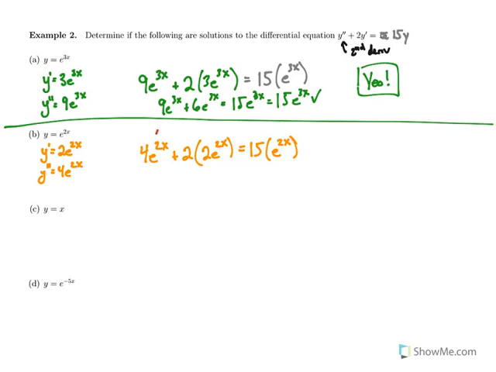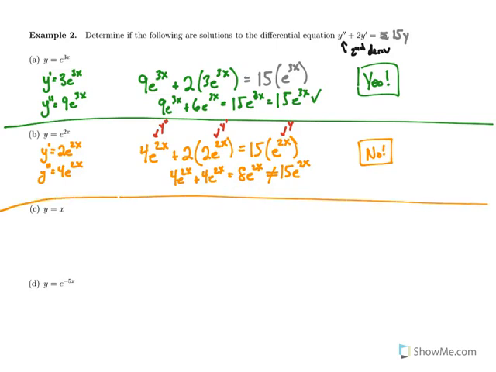So again, this is our second derivative, this is our derivative, this is our original function y. So this is going to say that 4e to the 2x plus 4e to the 2x, that's 8e to the 2x, and that's not the same thing as 15e to the 2x, so this is a no. That is not a solution to the differential equation.